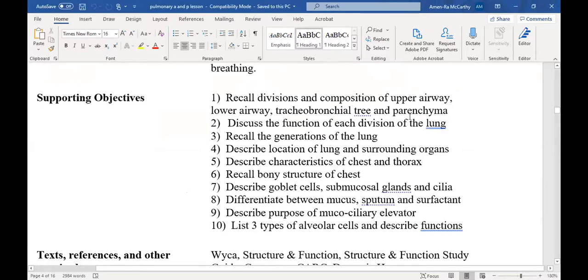All right, P-A-R-E-N-C-H, land of the parenchyma, after this area right here. Okay, so this is the conducting zone, and this down here is the magic. Gas exchange.